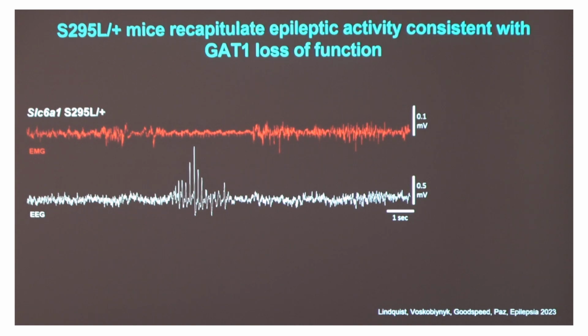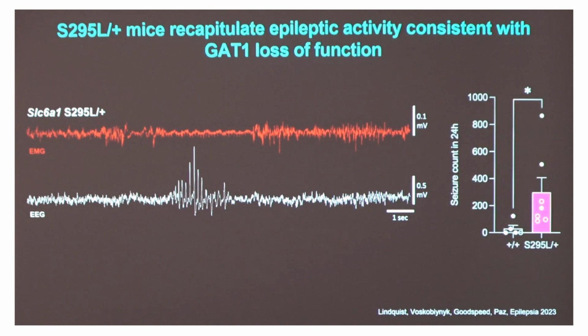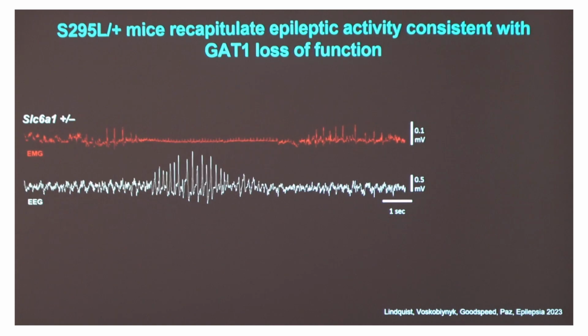This is a type of seizure, and we call these absence seizures, which are correlated with the behavioral arrest in these mice. When quantified, you can see that the seizure count is quite increased in these animal models compared to the littermate controls. What about the heterozygote mouse, when just one allele is completely lost?